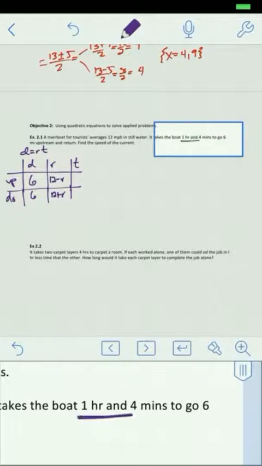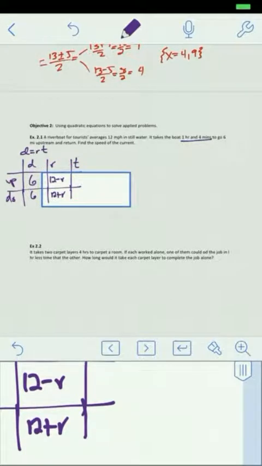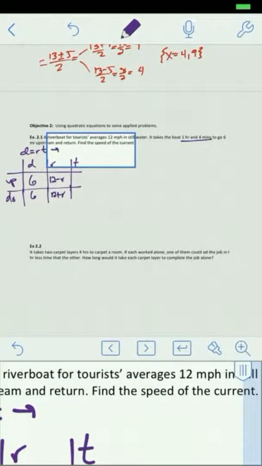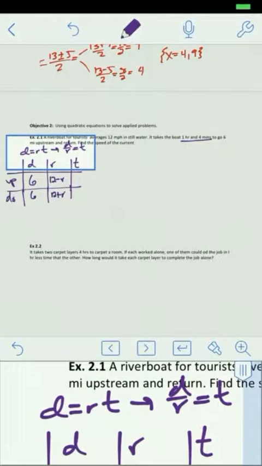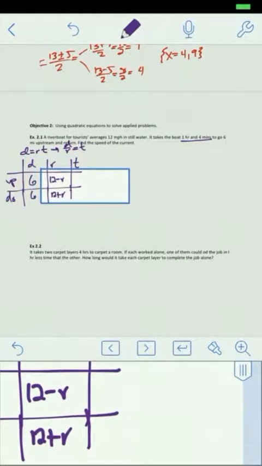The last part: they did give us a time. That's a total time. We don't know the time upstream or the time downstream, right? It's not going to be constant like the distances. It's going to be a little bit of each. So we can use the formula d over r equals t, when we solve for t, and plug it into each trip.